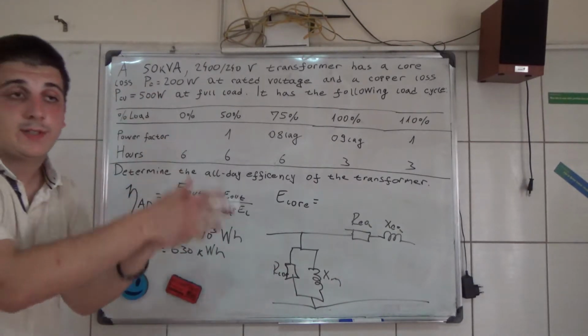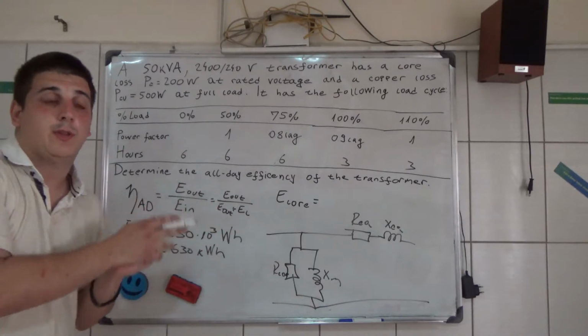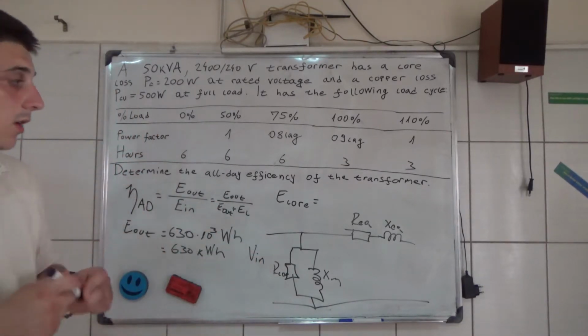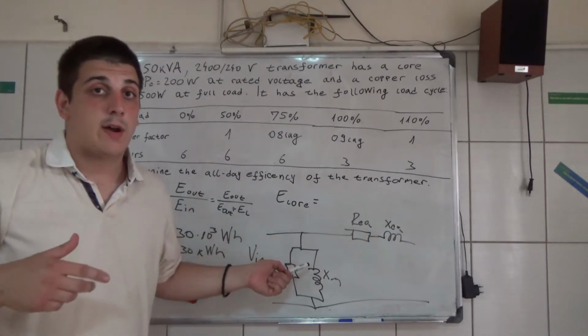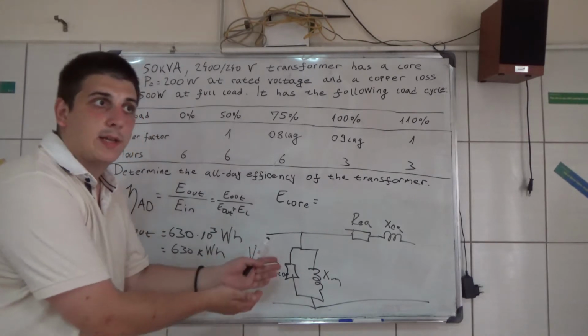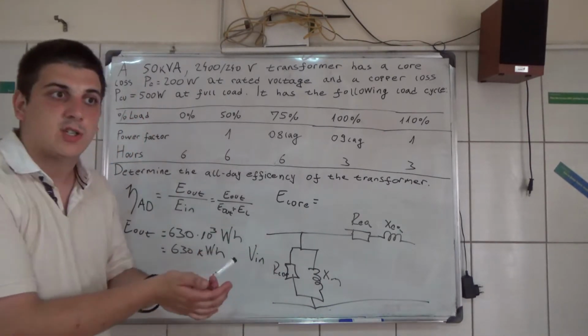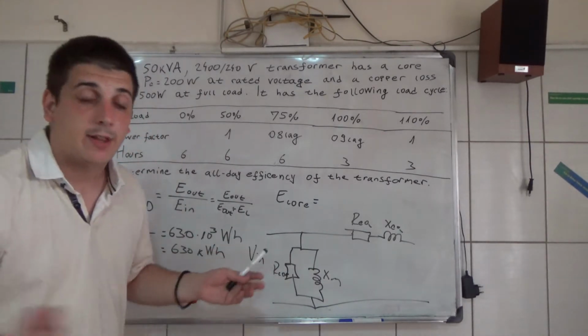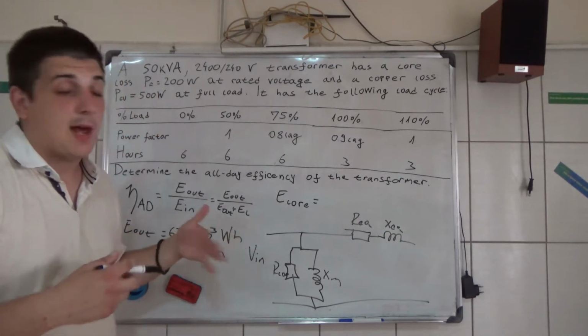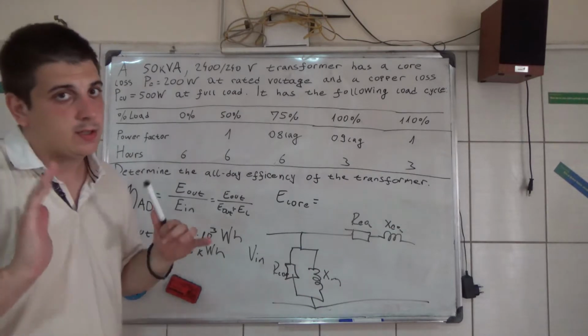Now, if you always have a rated voltage on the input, a small current is going to go in this branch over here. This is the magnetizing branch, the shunt branch. I don't know, every literature says it differently. A small amount of current goes, and it is always the same.